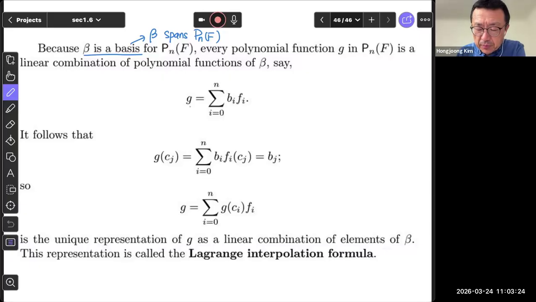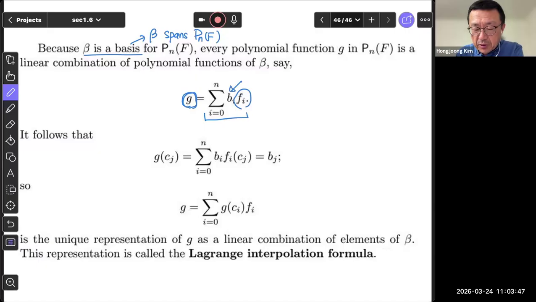So if I choose any polynomial in that space, that polynomial can be written as a linear combination of these basis vectors. Okay, that was simple, but we can go one step further. Then what is this b_i? How can I find this b_i?